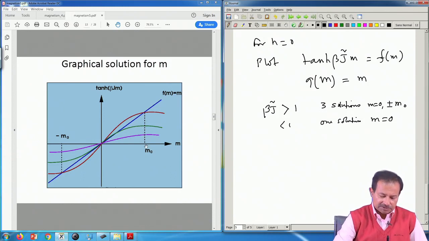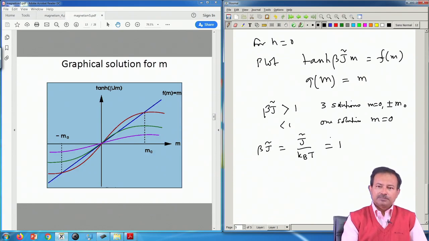As beta j approaches 1, these symmetric solutions m naught and minus m naught start approaching m equal to 0. So, beta j tilde is equal to j tilde by k_B T, and that equal to 1 is the point where you go from one solution to 3 solutions.